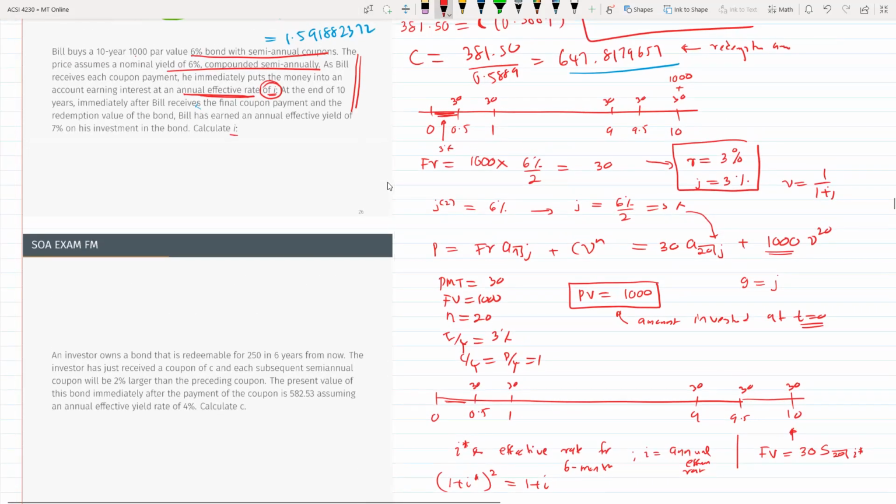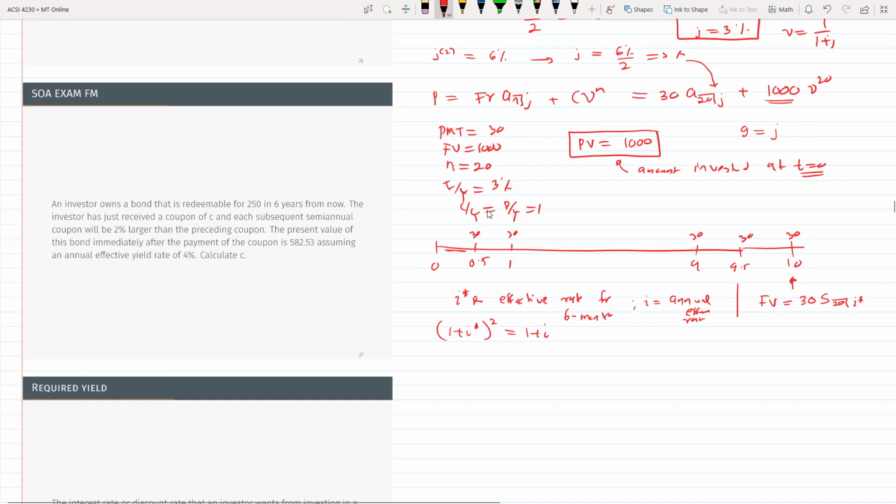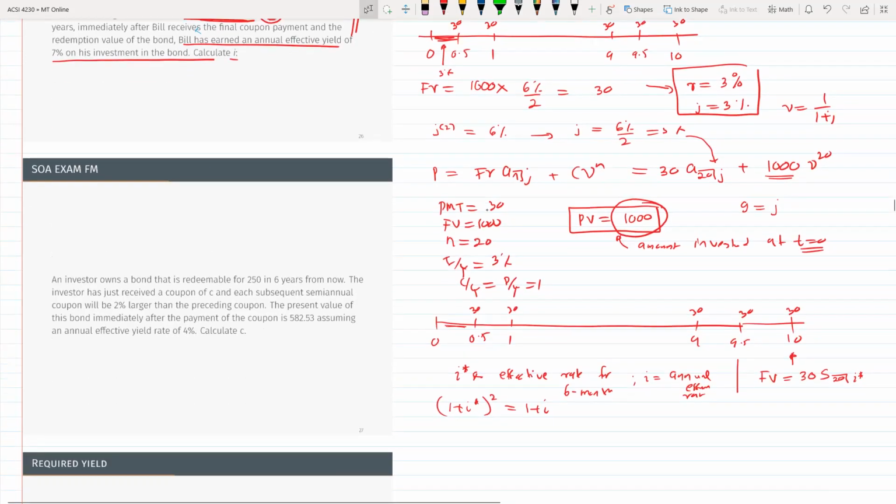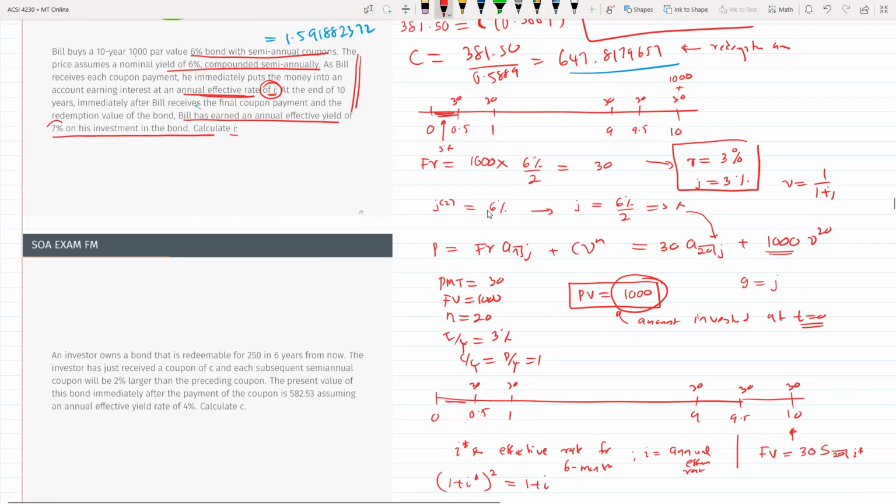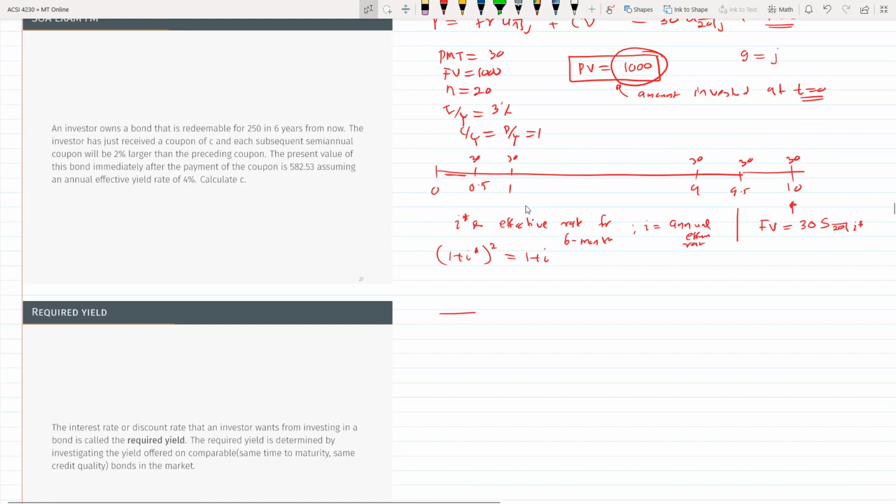It says Bill has earned an annual effective yield of 7% on this investment in the bond. So that means when you invest $1,000, at the end, how much do you receive? The rate is 7%, annual rate. At time 0, you invest $1,000.